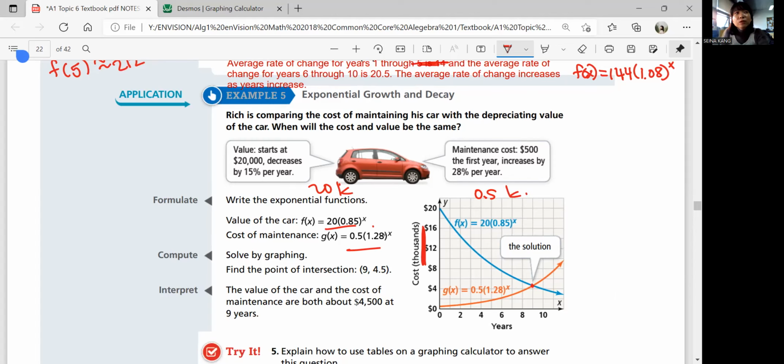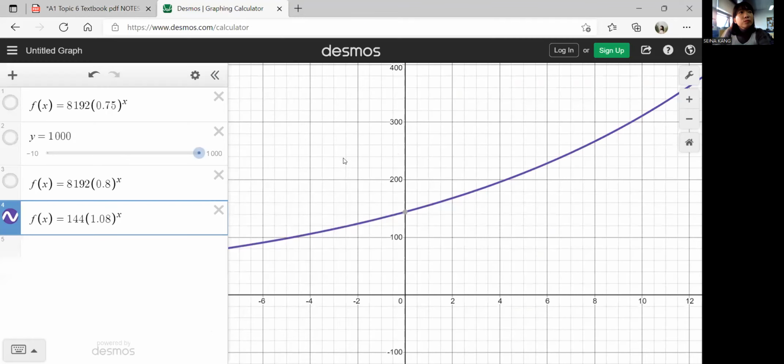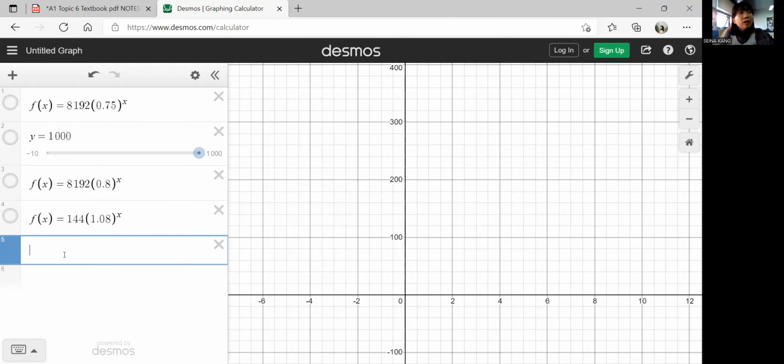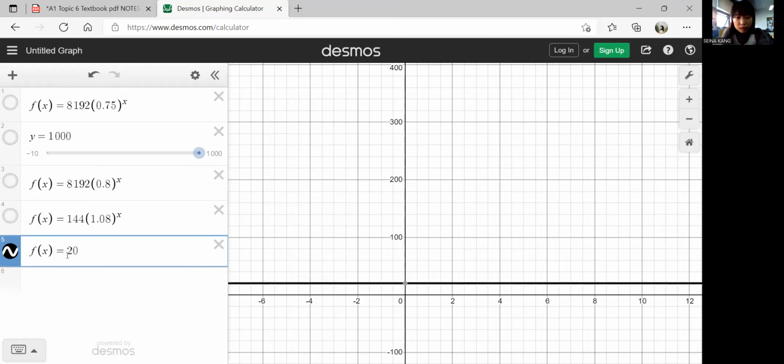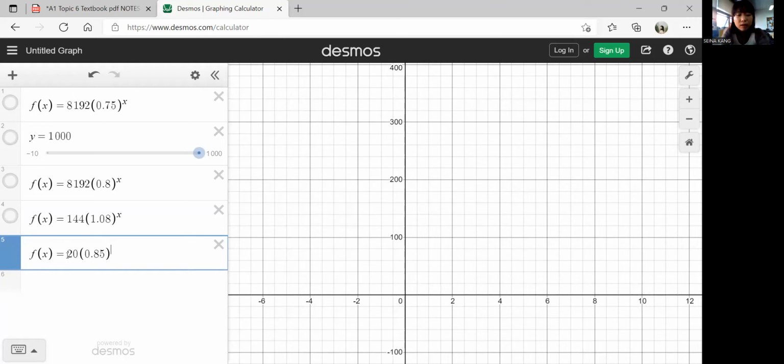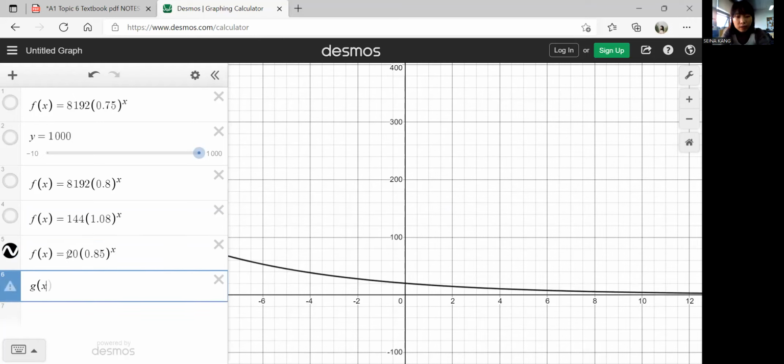So graph the two equations in Desmos. I'm going to hide that as well. Now I'm going to graph f of x, which is 20 times 0.85 to the power of x. And then g of x is 0.5 times 1.28 to the power of x.